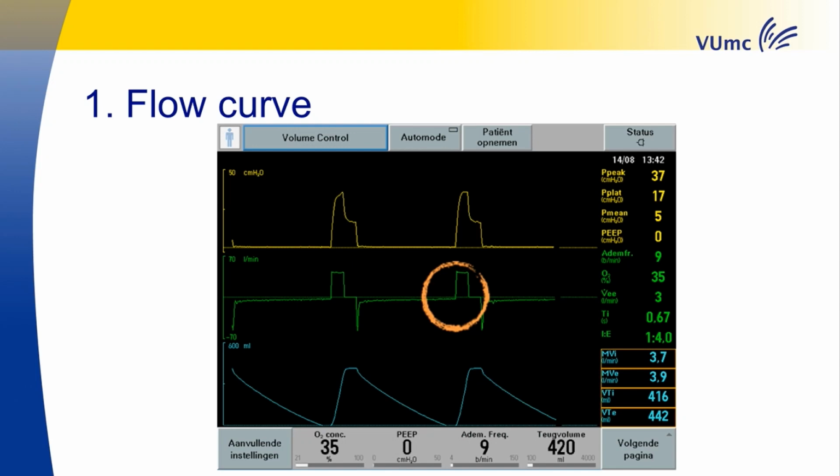You always have to be careful if there are changes in pressure in the volume controlled mode, but I don't see anything really in the flow signal here. Do you think it's an effort by the patient? It's a possibility, but we have no esophageal pressure. The second explanation is a change in compliance. Right, if it is a severe COPD patient, we might have some differences in compliance here.